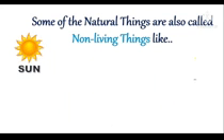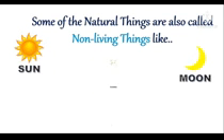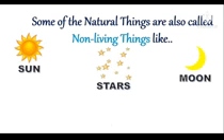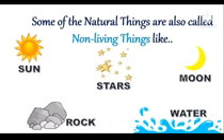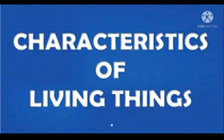Some of the natural things are also called non-living things, like sun, stars, moon, water and rock. Now let us see some of the characteristics of the living things.